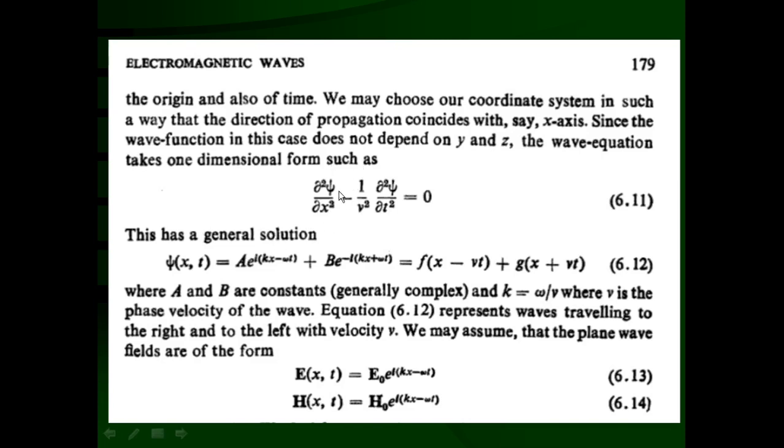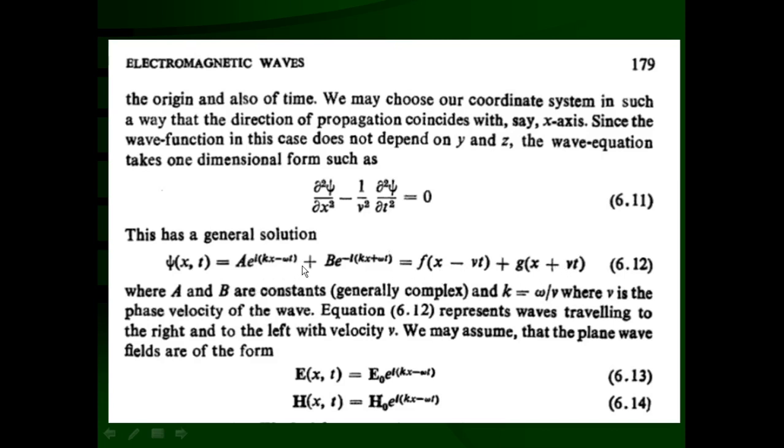The general solution of this ψ, which is a function of x and t, can be obtained by integrating this differential equation two times. We get ψ(x,t) equal to A e^{i(kx − ωt)} plus B e^{−i(kx − ωt)}, which can be written like this: f is a function of x − vt plus another function g of x + vt.